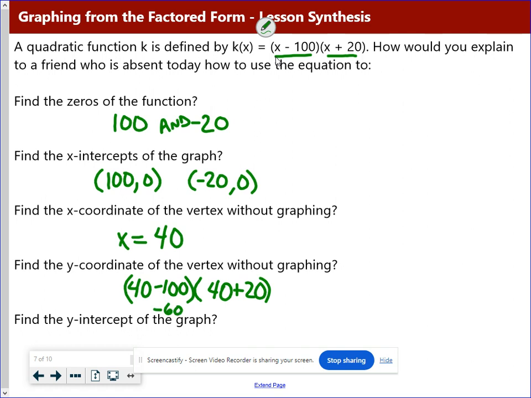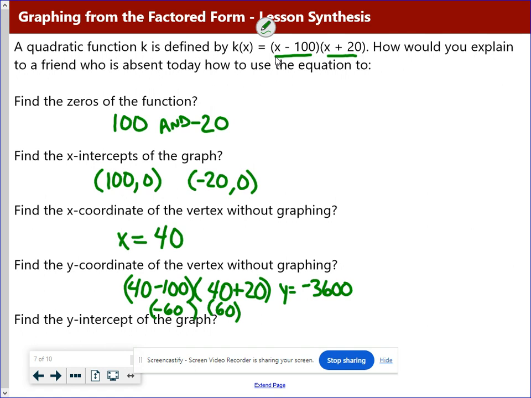And 40 plus 20 is going to be positive 60. And then we just have to multiply those. Well, they're different signs, so I'm going to get a negative answer. So it's going to be negative 3,600. That's what the y part of the vertex would be. So now I would know actually what the vertex is. It would be at 40 and negative 3,600.